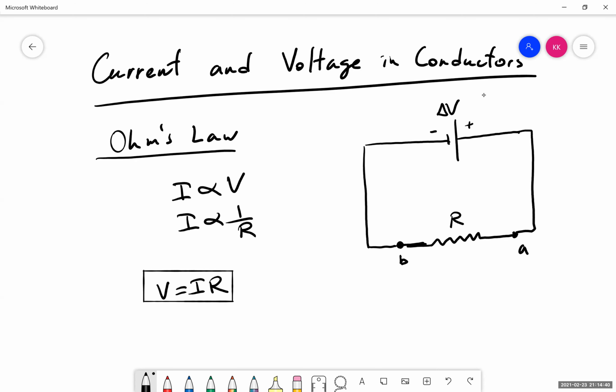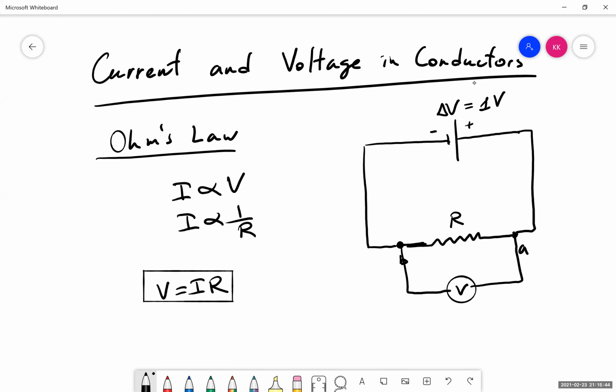Now, what we can do here is use multimeters to measure the current in the circuit and the voltage. For example, let's say the voltage is 1 volt. If the potential difference between the terminals of the battery is 1 volt, that means if I connect a voltmeter, here's the symbol for the voltmeter, across the resistor at points A and B, then this voltmeter will also measure 1 volt.